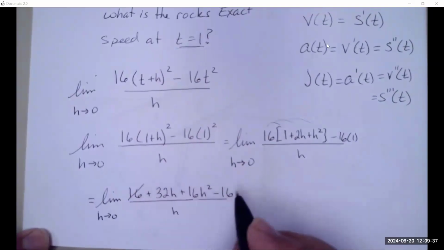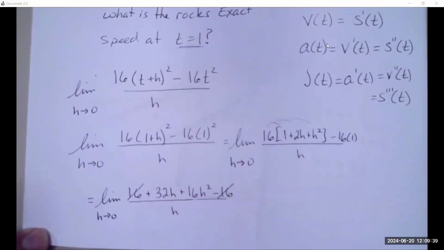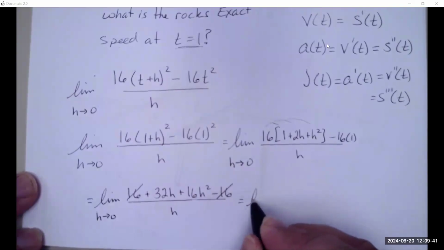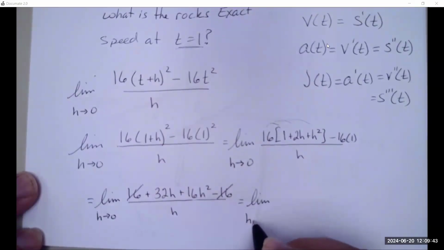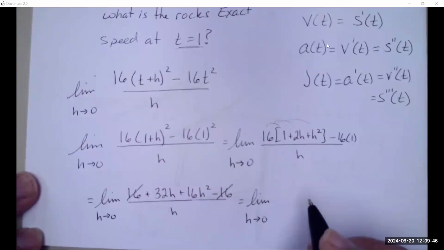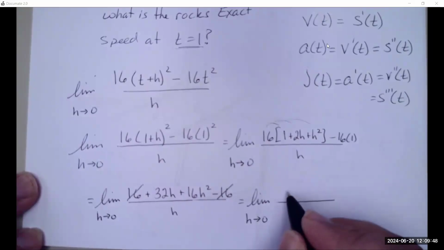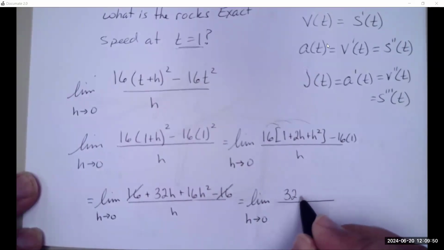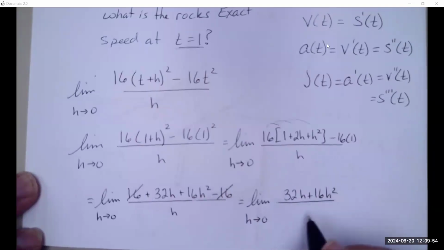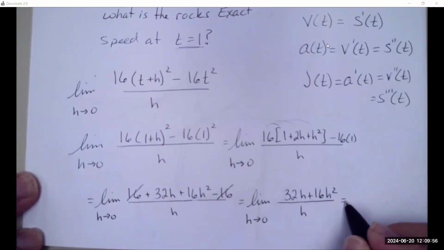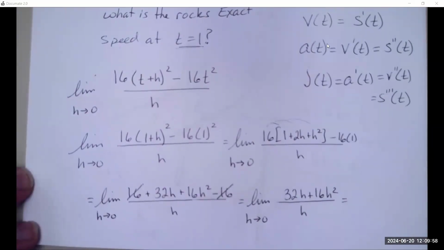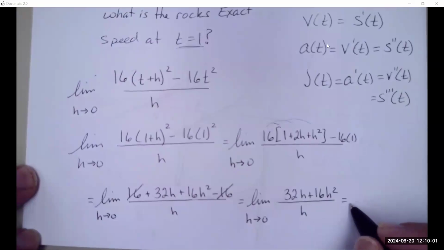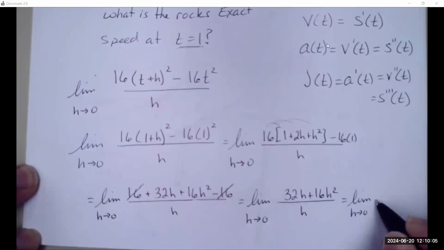Combine like terms, the 16 minus 16. So we have 32h plus 16h squared over h. We can factor out an h on top.